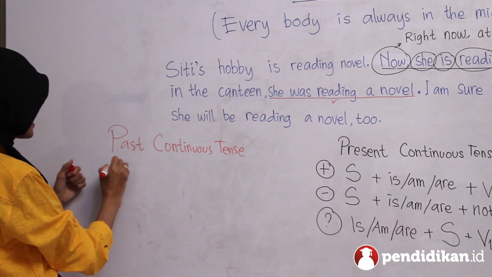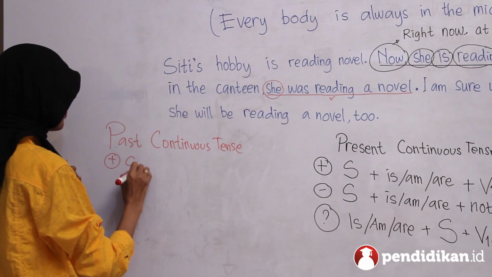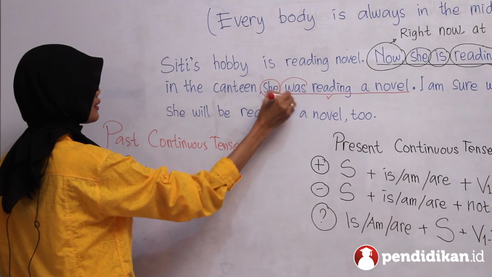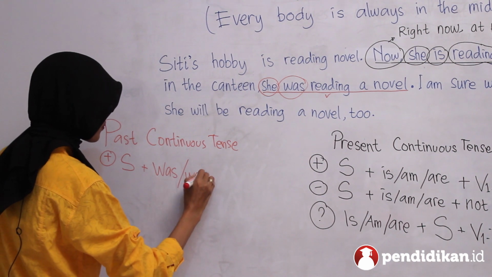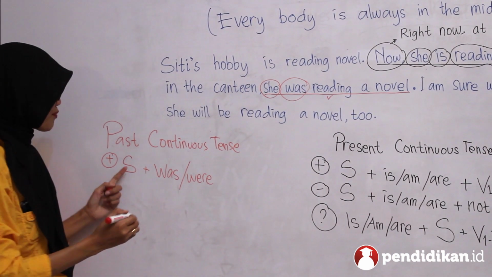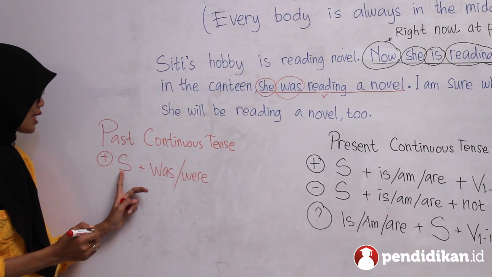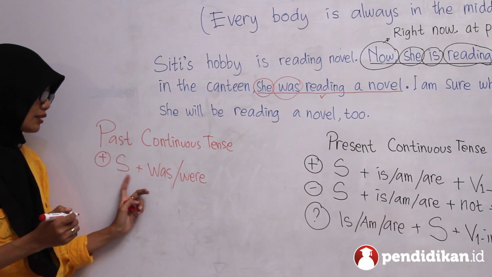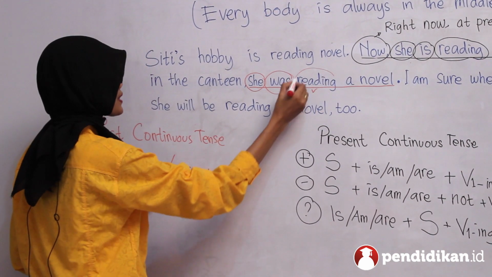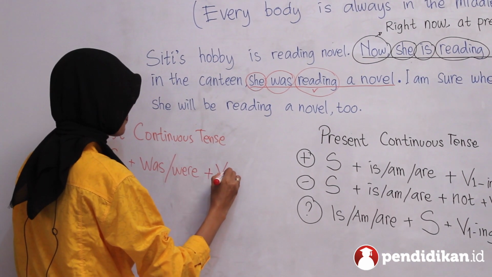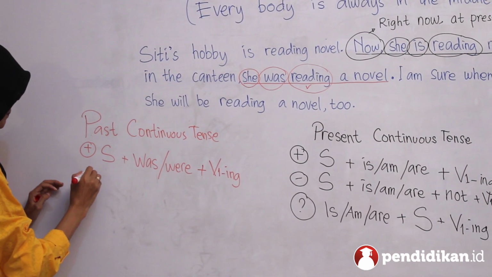And the pattern for positive sentence is subject plus was or were. If the subject is singular, we use was. And if the subject is plural, we use were. Plus this one, verb 1 ing or present participle.